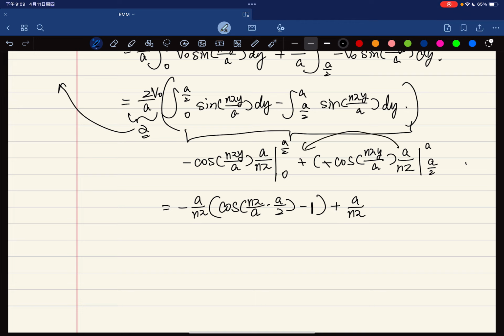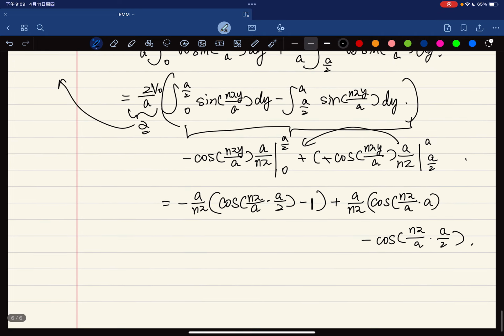I move the constant into the front, and cosine of m pi divided by a times a minus, there's a parenthesis here so be careful, m pi divided by a times 2 over a.